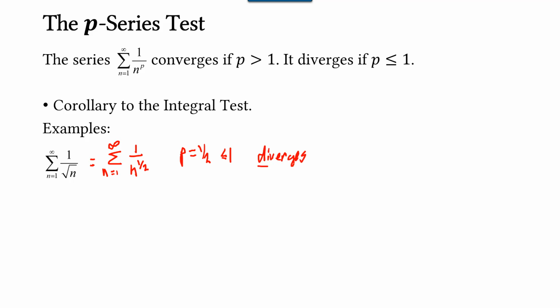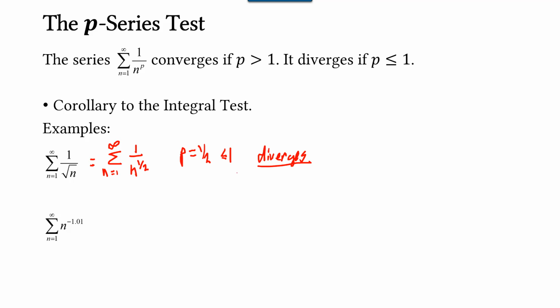We could also have done this one by using the integral test with 1 over x to the 1/2. That would be a little bit of a waste of time. Or we could have done it fairly quickly with a comparison to 1 over n. Since 1 over square root of n is bigger than or equal to 1 over n, and the series 1 over n diverges, by comparison this series would also diverge. So with a lot of these, we'll see that there are multiple tests that we could use and still get a correct conclusion.